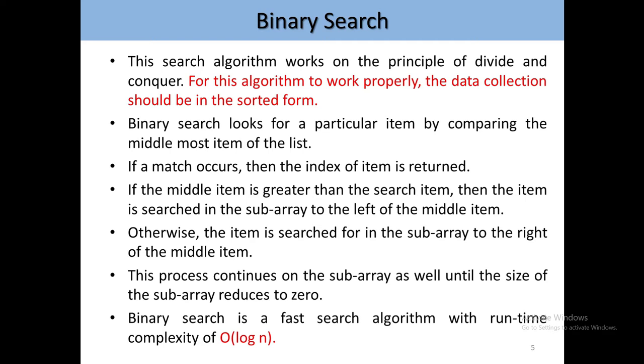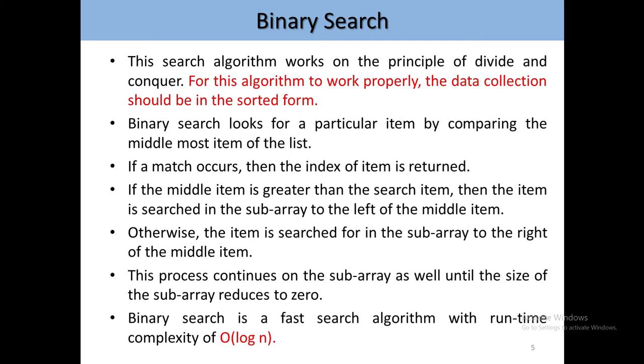The binary search algorithm looks for a particular element, which we call the search key, by comparing it with the middlemost element of the list. So here the complete list will be divided into two parts.